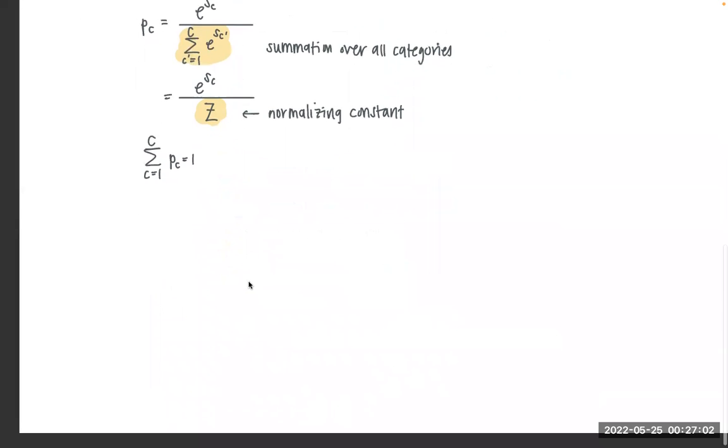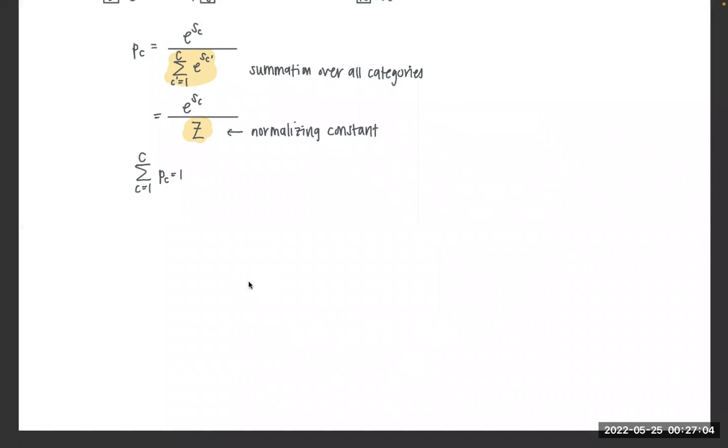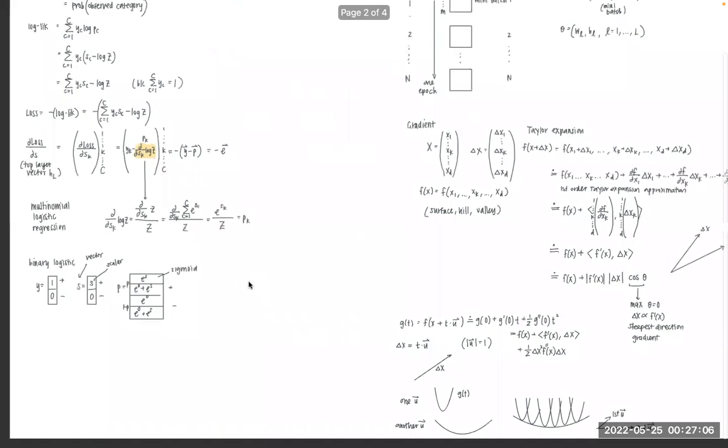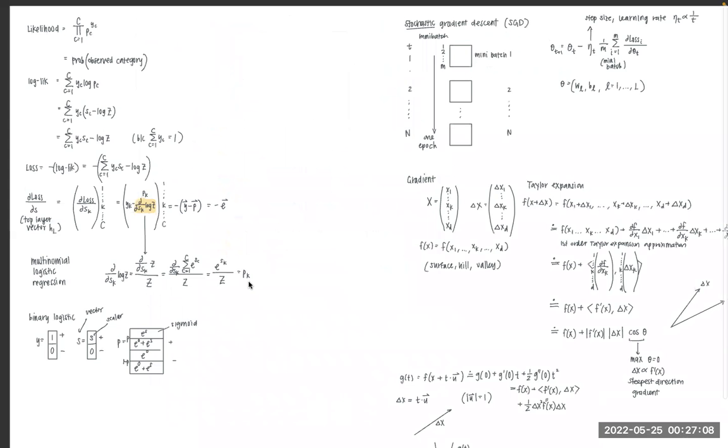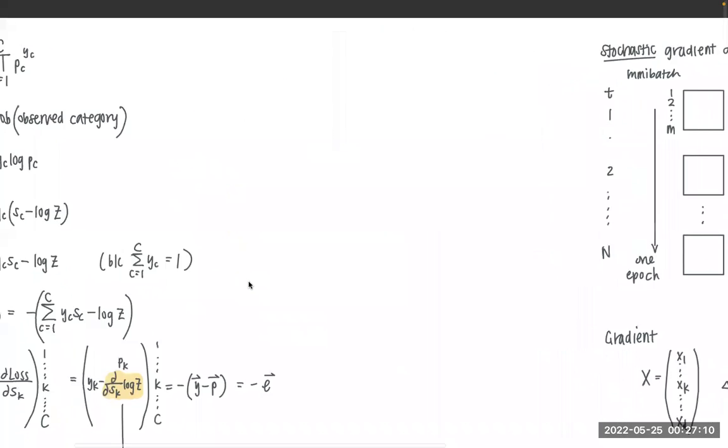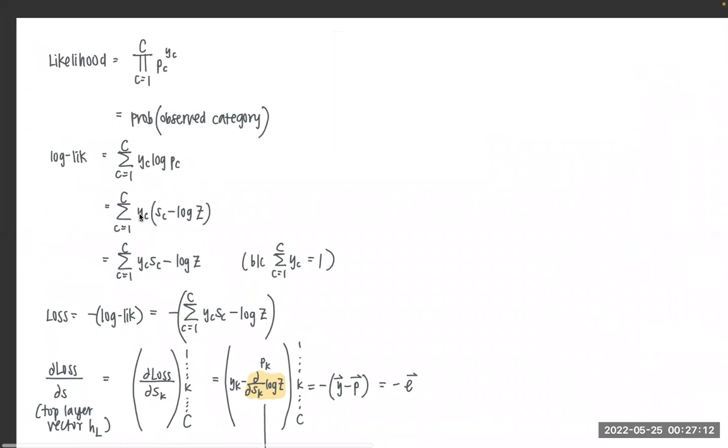So that's what we will have in the next page. Okay, so therefore you see we get this Y sub C times S sub C minus log Z. Okay, so this is taking log of the softmax probability. And then we can write this as summation of Y sub C times (S sub C minus log Z).